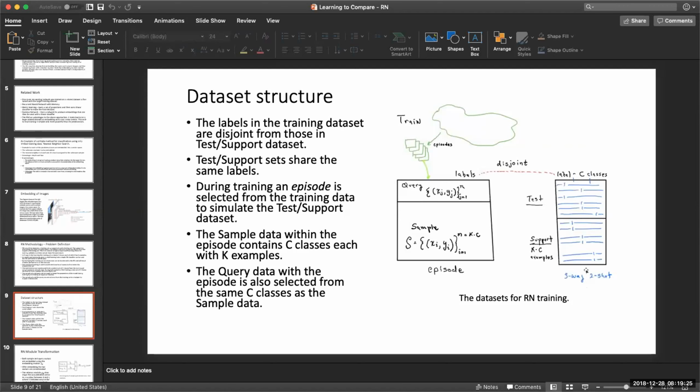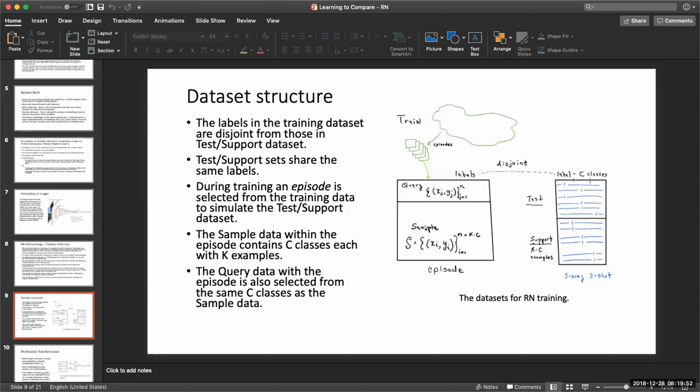The support set has only 6 examples from 3 classes, 2 each, so we can call that a 3-way 2-shot. And the test set has random samples from those same classes.